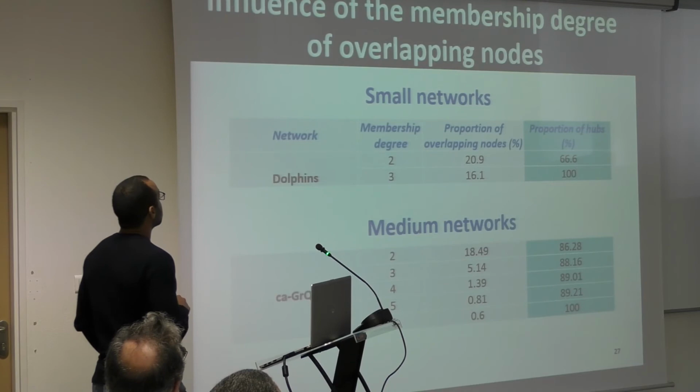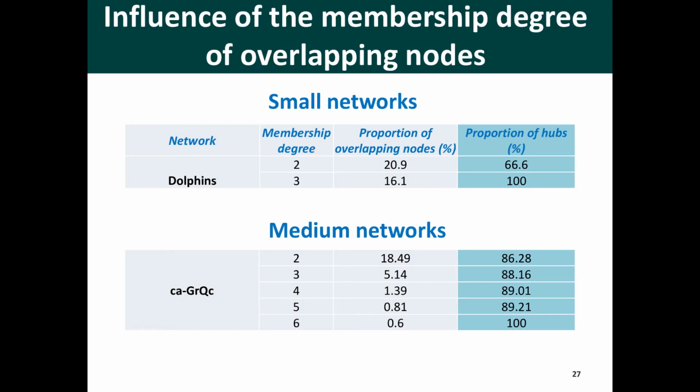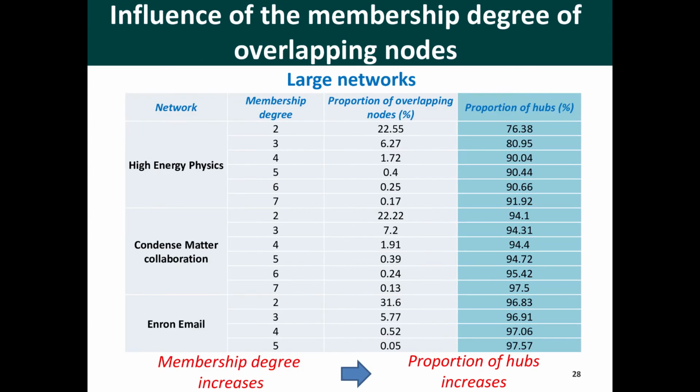We also study the influence of the membership degree of the overlapping nodes. We represent in this table the proportion of hubs as a function of the membership degree of the overlapping nodes.